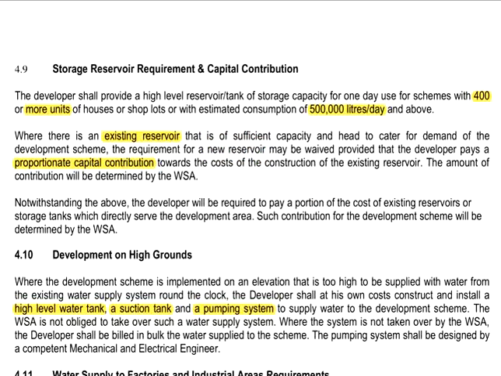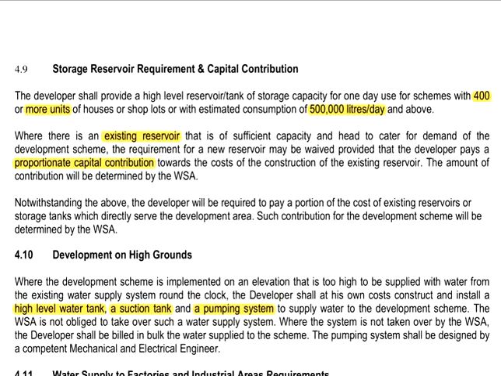Nonetheless, the developer will have to pay a proportional capital contribution towards the cost of the construction of the existing reservoir. Since the existing reservoir can be utilized, to be fair, the developer will have to contribute capital contributions for using the existing reservoir.